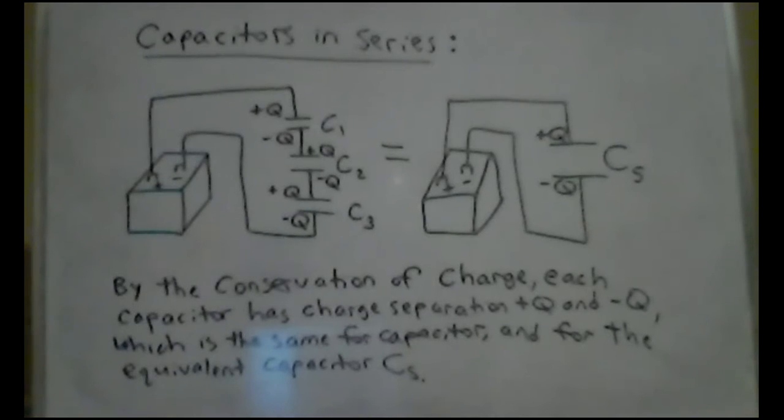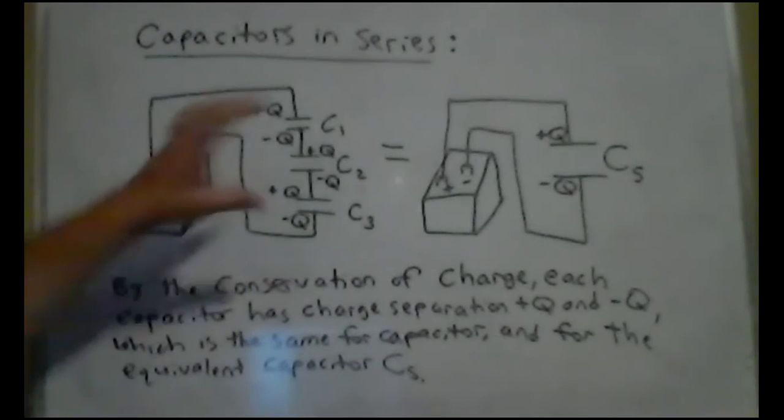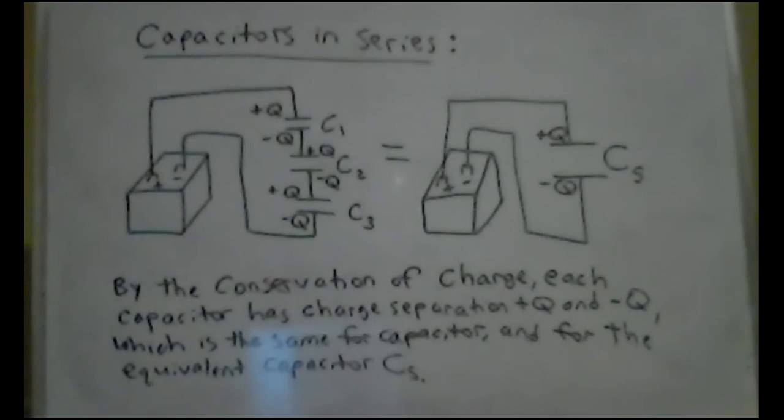You cannot have a different amount of charge being separated. Again, that would cause an imbalance in the charge. They all have to be separated by the same plus Q and minus Q. That's the thing to keep in mind. That's governed by the conservation of charge.